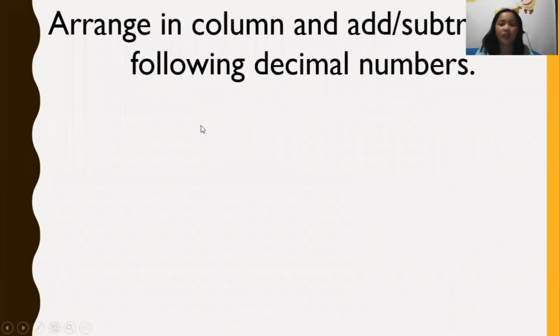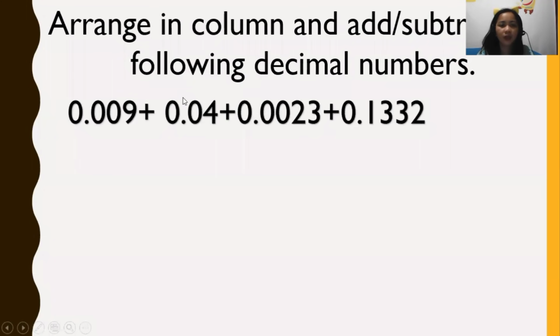Now, let's try this. Arrange in column and add or subtract the following decimals. Okay, let's have this example. We have 9 thousandths plus 4 hundredths plus 23 10,000ths plus 1,332 10,000ths. The first step is to write in column.